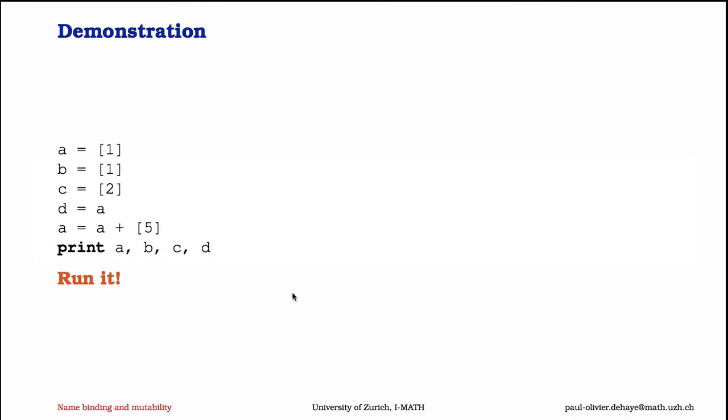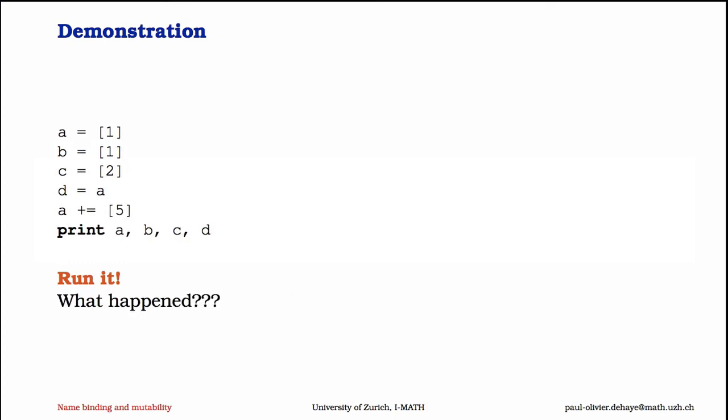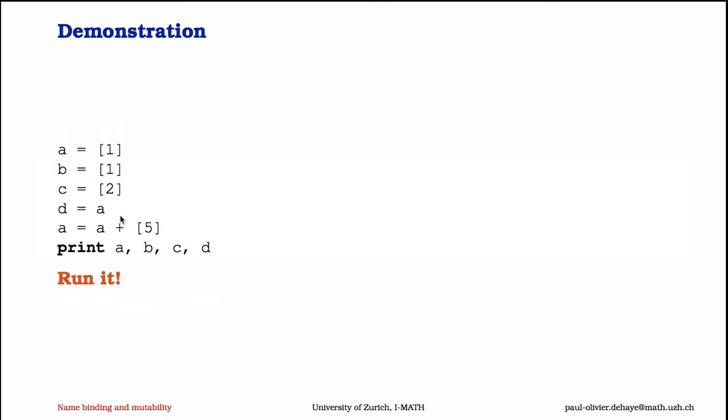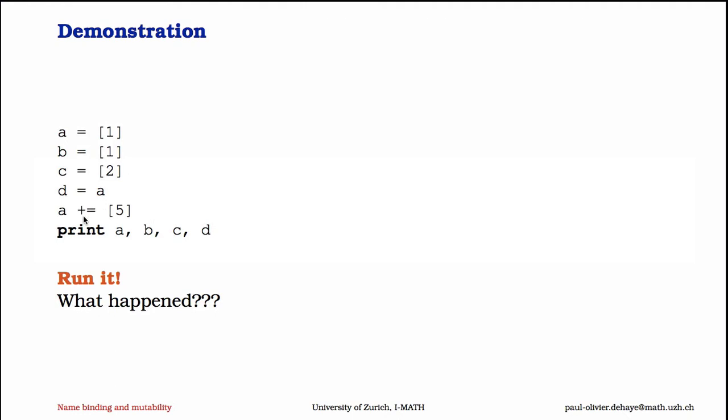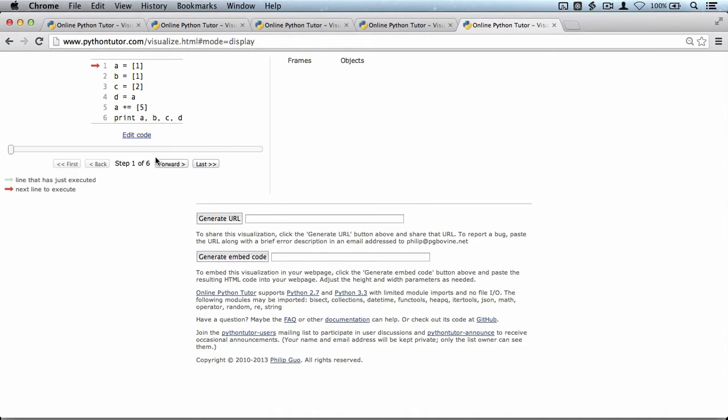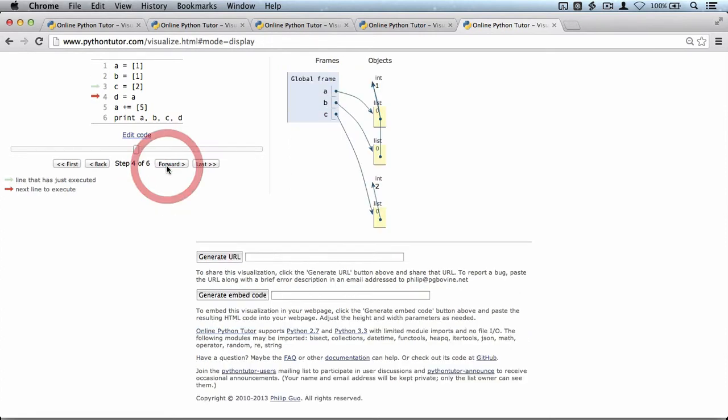So let's see the next example. Let's compare. Instead of taking A equals A plus 5, I've now taken A plus equal 5. Let's run it. I get 1 that hasn't changed, another 1 that hasn't changed, C pointing to 2 that hasn't changed, and D I'm assigning all the way there. And here is the main difference. I still construct an intermediate list consisting of just 5.